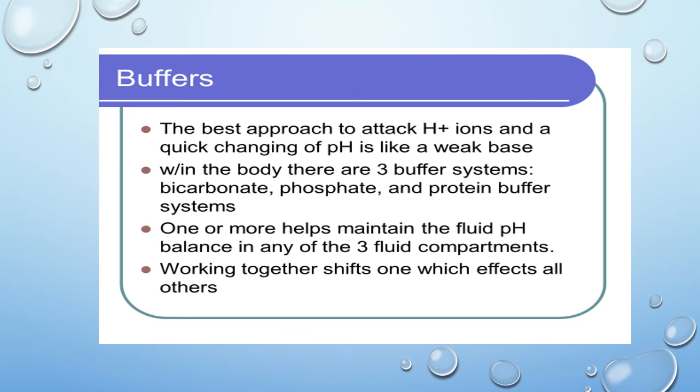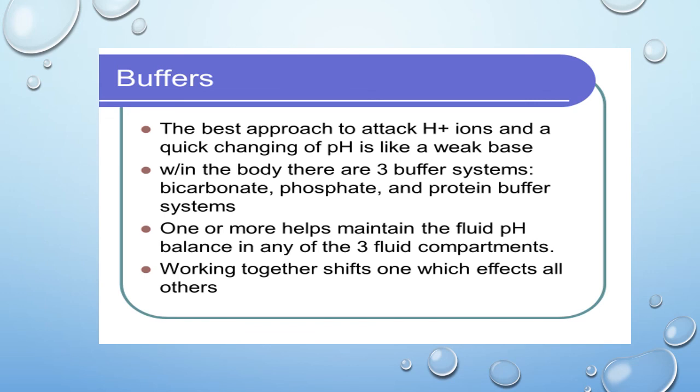Bases themselves are proton acceptors. Remember that H positive. So if it's a base, if it's above that normal neutral range, it is a proton acceptor. Right? So the idea is we want to introduce the opposite into the system to maintain or keep that neutral range.